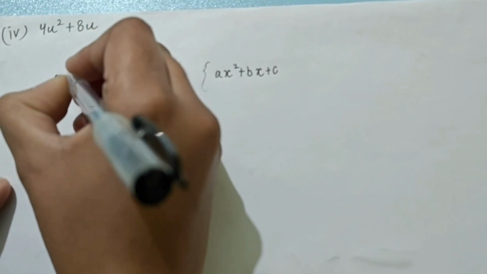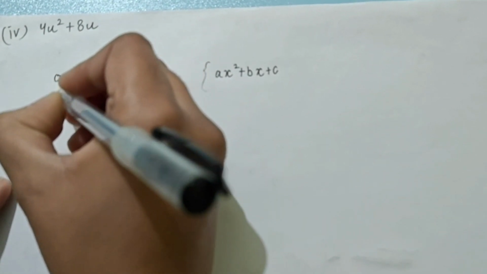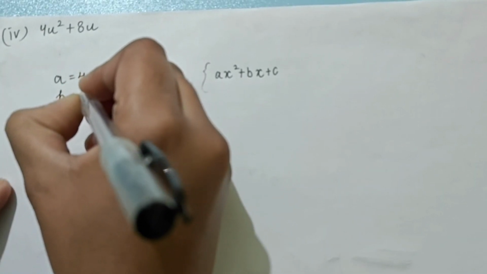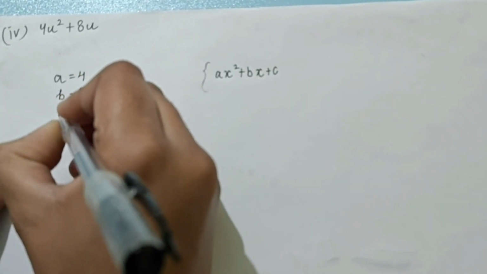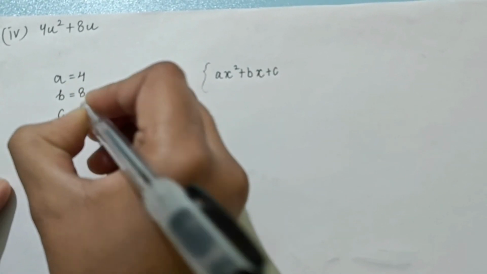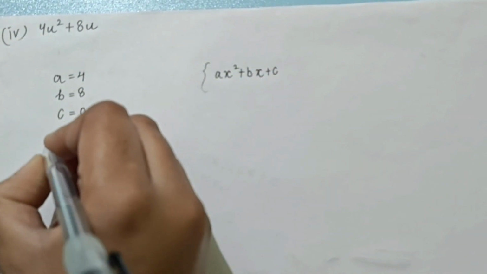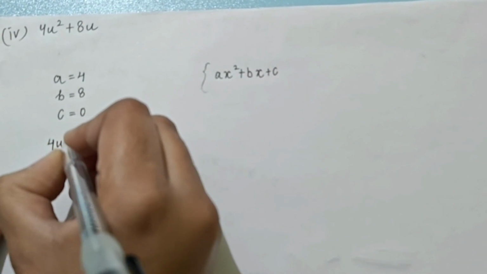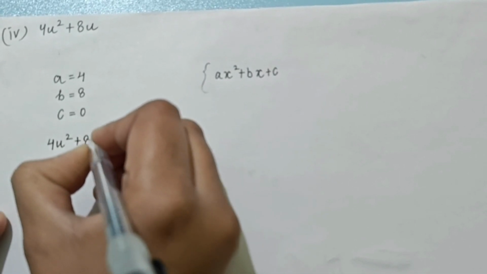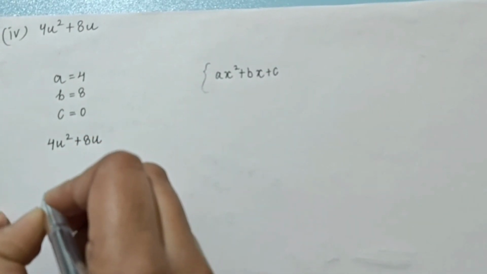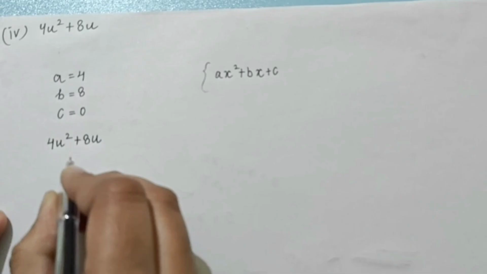That is 4. What is b here? 8. And we don't have any constant term, that means c is equal to 0. Okay. We have only 2 terms.